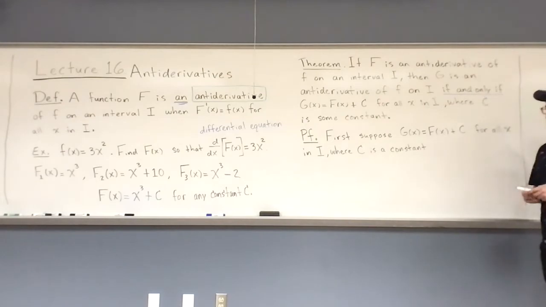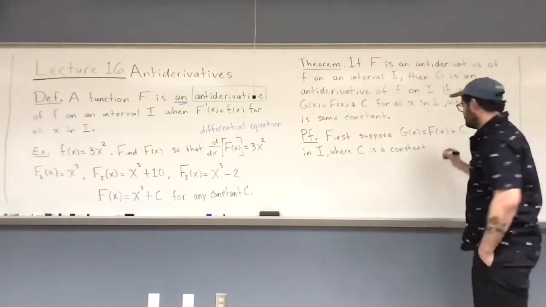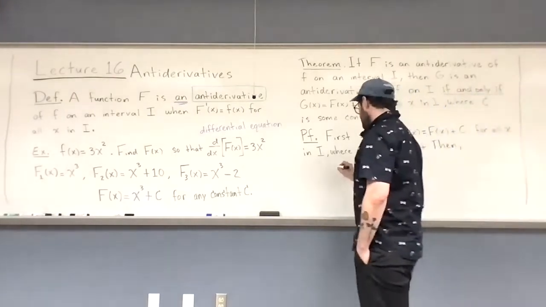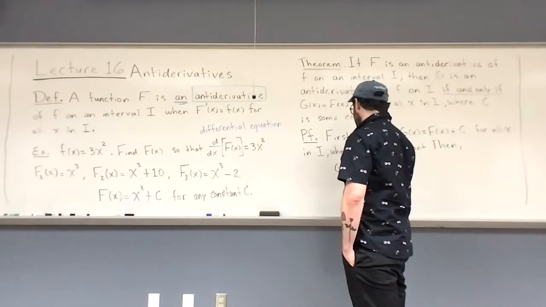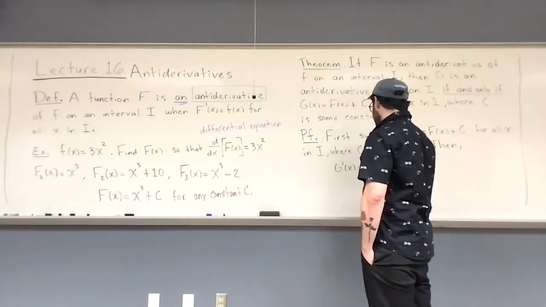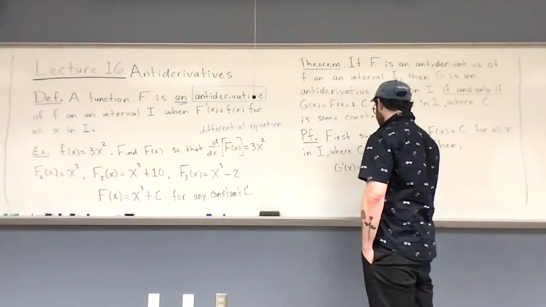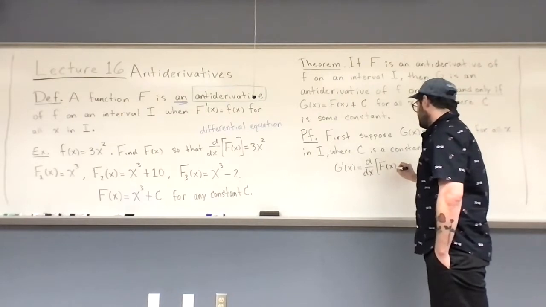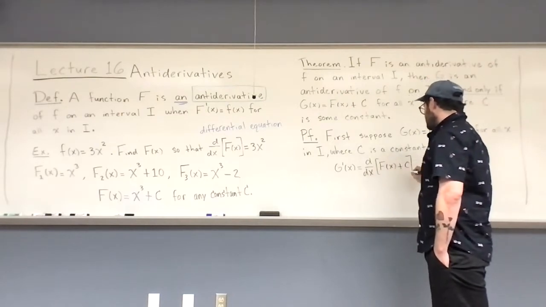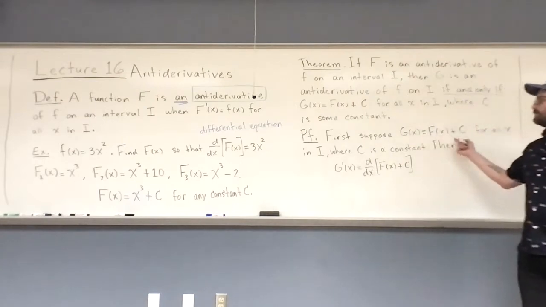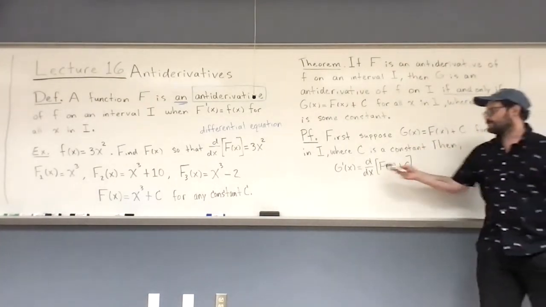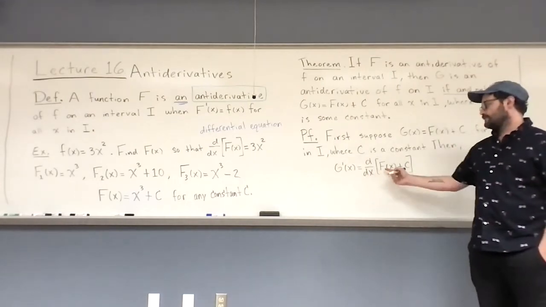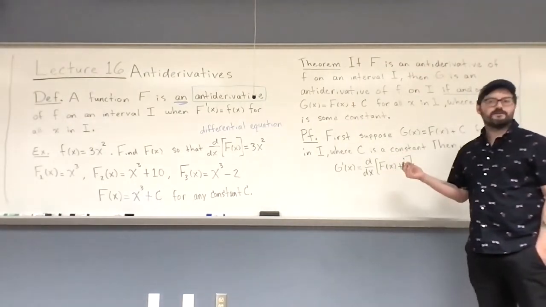Okay. So then g prime of x is equal to the derivative with respect to x of the right-hand side. Right? I just take the derivative on both sides. But then the derivative of capital F is just little f, right?